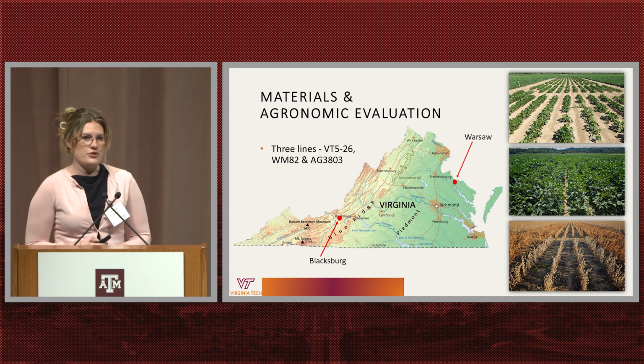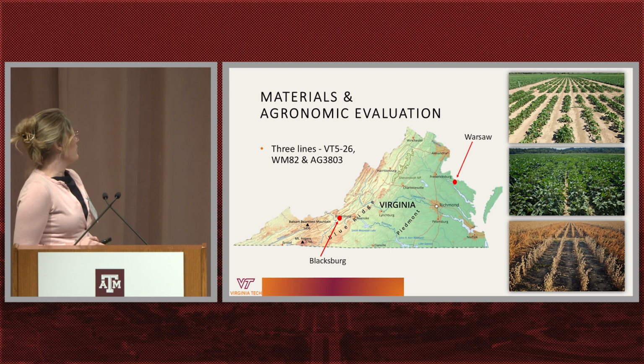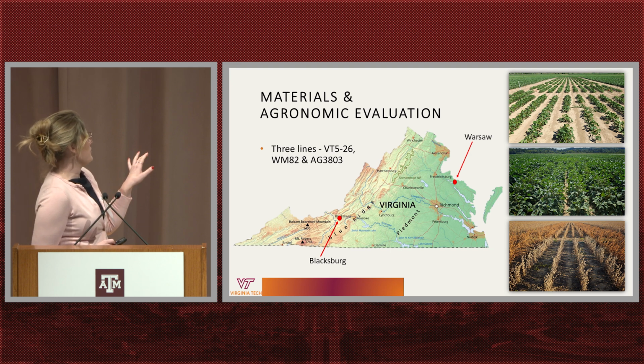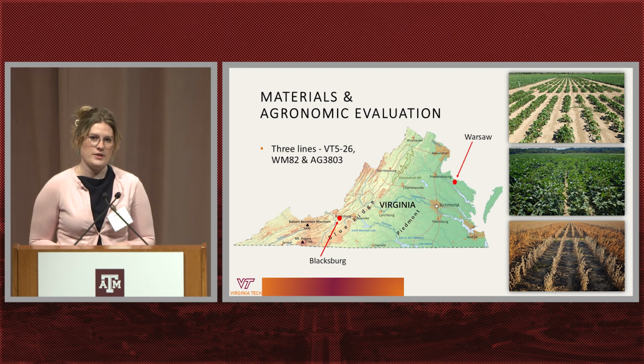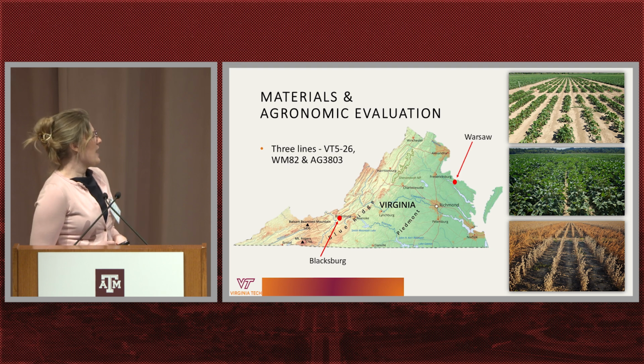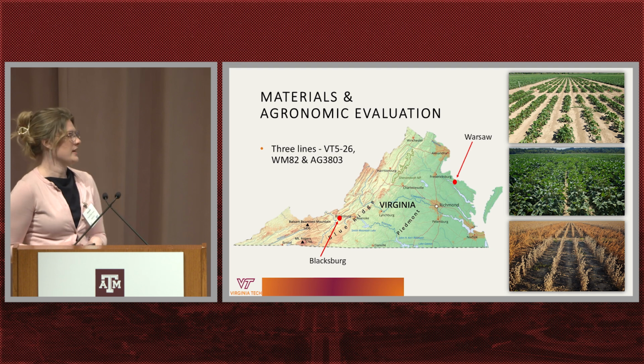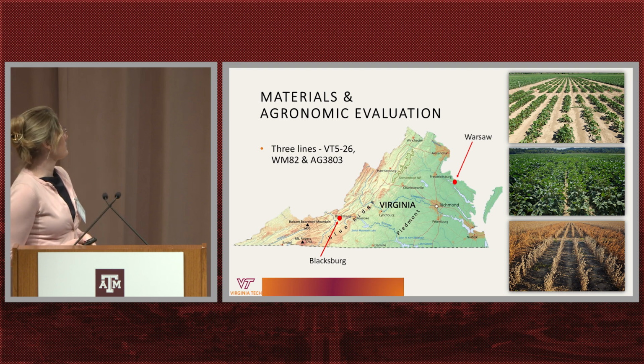So this was done in a 2-year field study in 2 locations in Virginia. Blacksburg, which is up in the Appalachian Mountains and the Blue Ridge, is our main campus and main research station. And then one of our AREC, Warsaw, is out there on the coast, and so 2 very different environments.